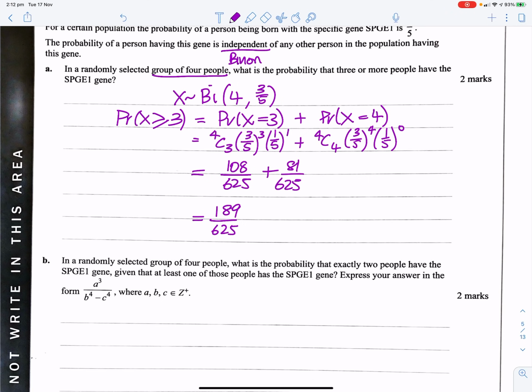3 to the 3 is 27. If I times it by 4, I do get 54, 108. And then if I add on 81, have I messed anything up here?